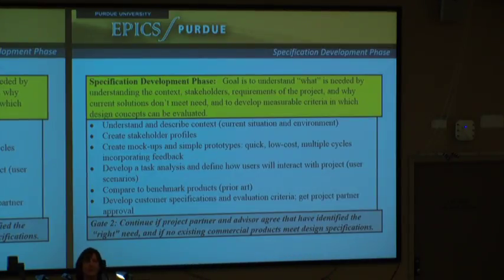At that point, it might be a conversation with them of, do you want to just go ahead and buy that? We don't necessarily want to be spending time in EPICS replicating what's commercially available. That's not the need we need to fill. We need to fill the one where there's not already a solution.